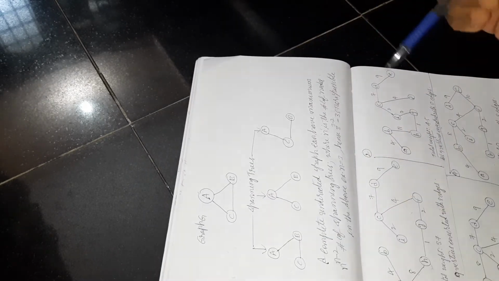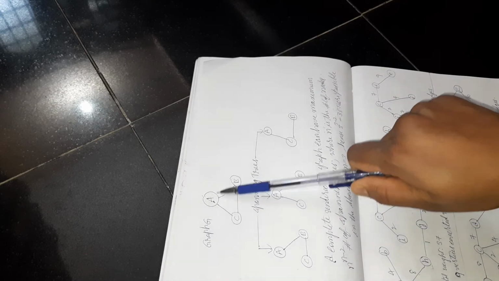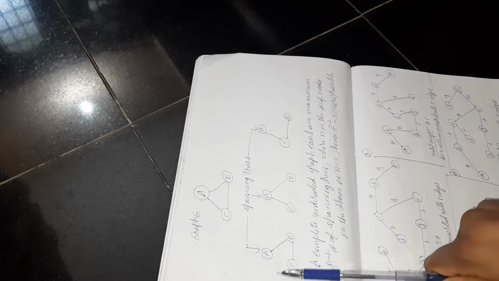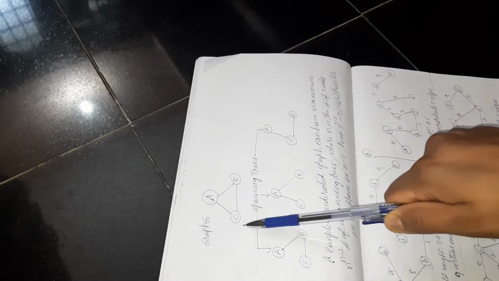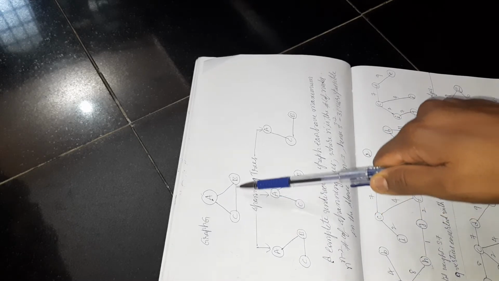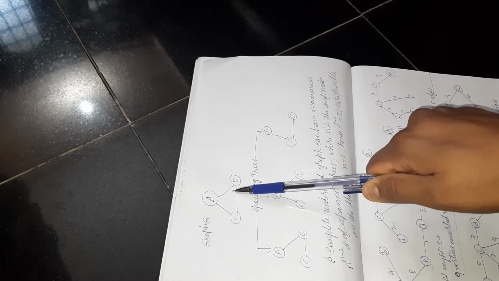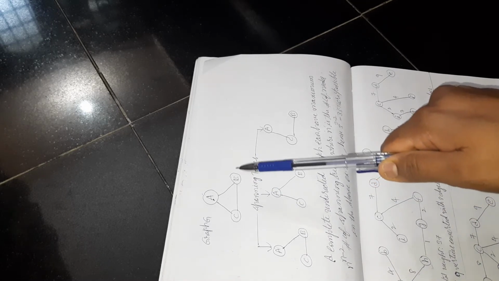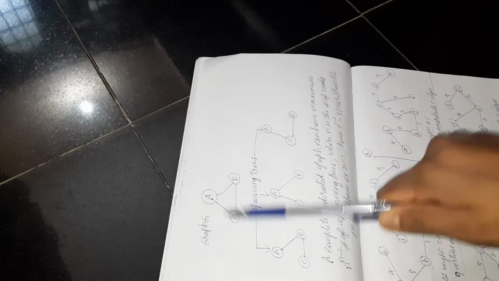See here, this is a graph ABC. It has three vertices. It is a connected graph because there is a path between each and every vertex of the graph. It is a connected undirected graph.